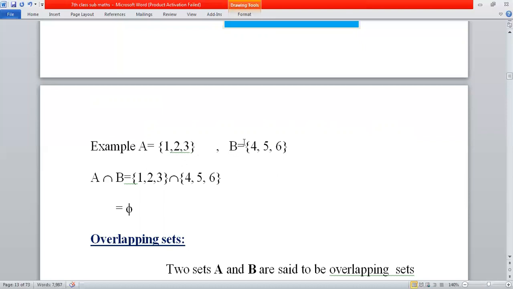If the intersection of two sets is the empty set or phi, then we say that A and B are disjoint sets. We find the intersection of these two sets, nothing common, so it is the empty set, which we represent with the symbol phi.